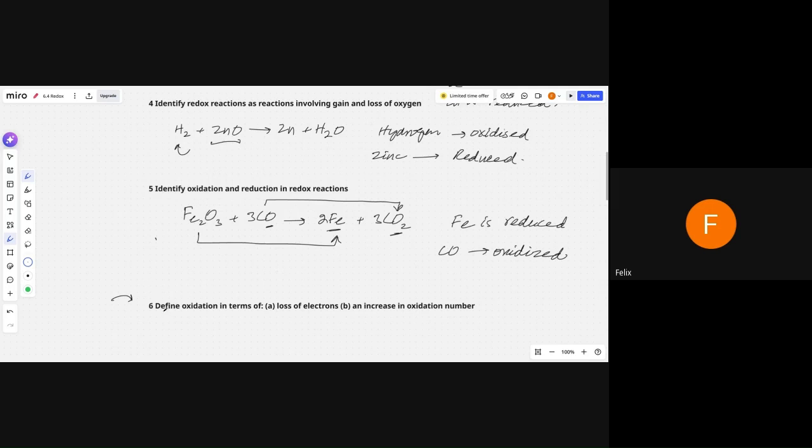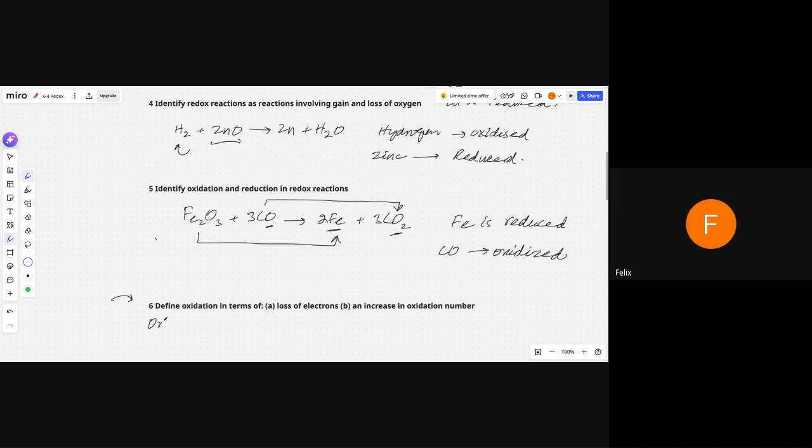Okay, so question number 6: define oxidation in terms of A, loss of electrons, B, an increase in oxidation number. As I mentioned before, oxidation and reduction is a lot more than only gaining or losing oxygen. In terms of loss of electrons, when any element loses electrons, we say that it has been oxidized.